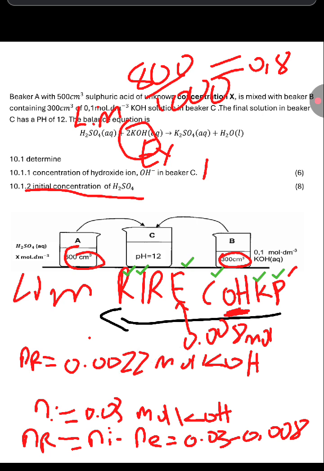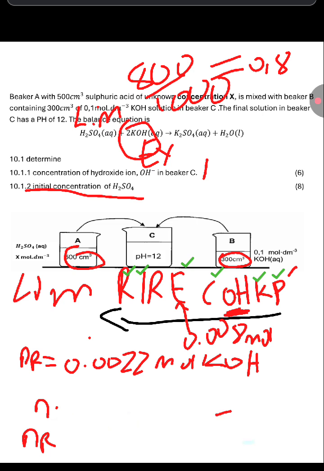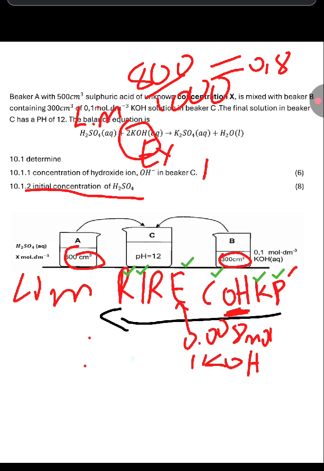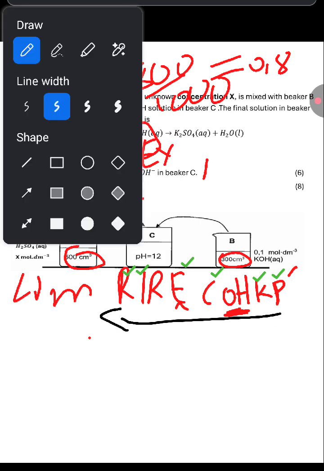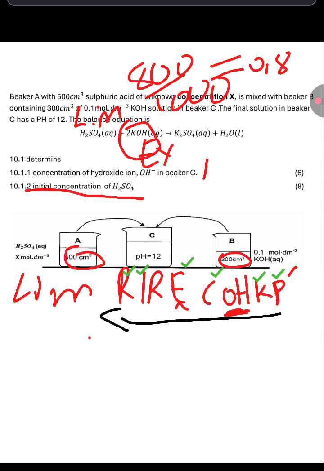So now, what is the ratio? So use them in a ratio. So we're going to say sulfuric acid is to KOH.